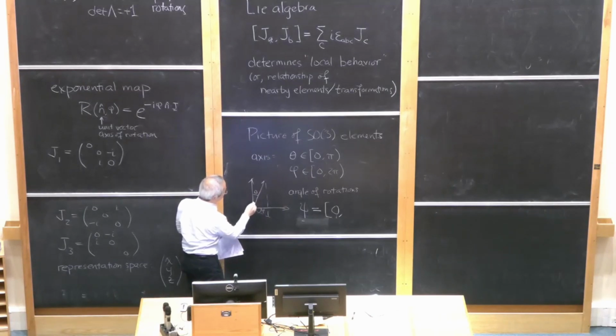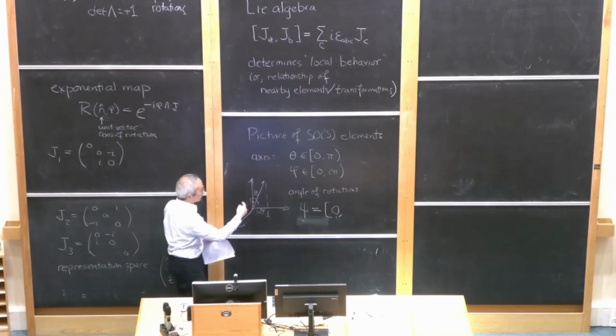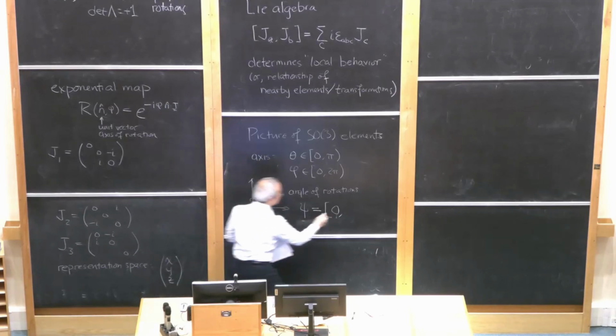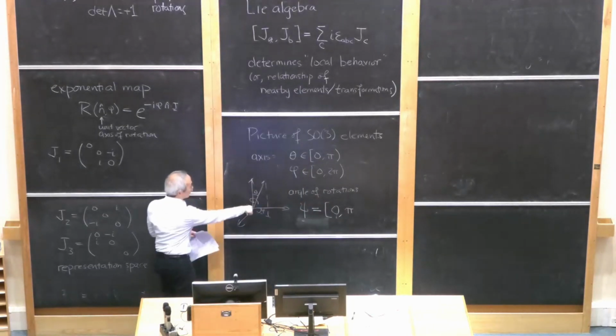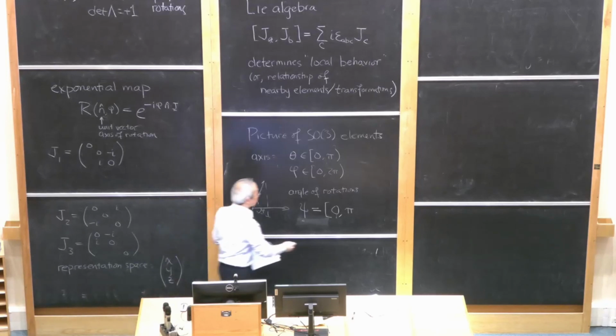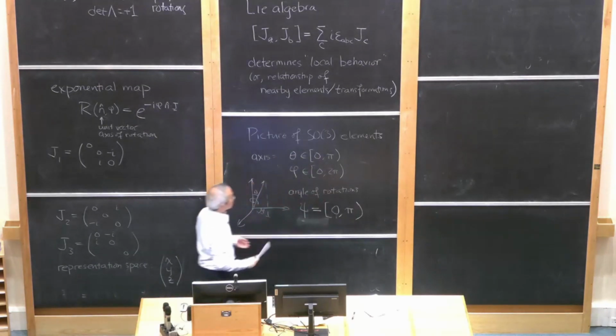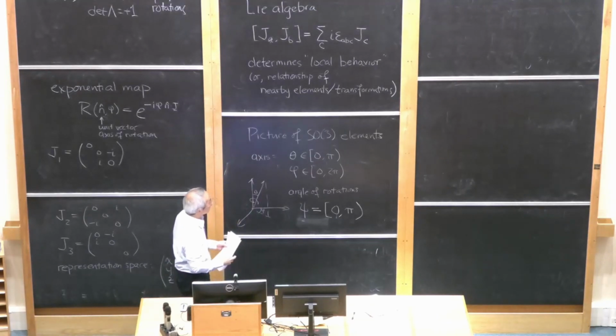The psi would be rotating around this axis. But then you can think, well, if you went out to just a rotation of pi, you can actually get the same rotation by having the axis point in the opposite direction and then rotating by pi again. So in fact, the length of this vector will go from 0 to pi.